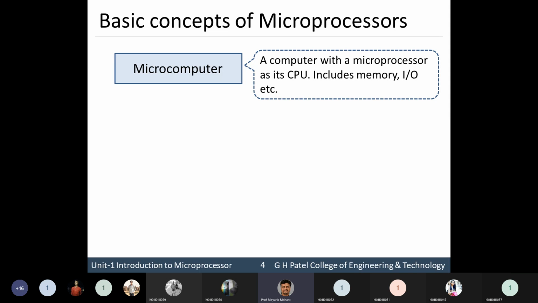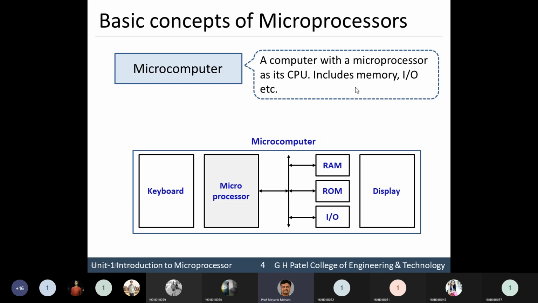Now, what is a microcomputer? A computer with a microprocessor as a CPU, including memory and IO, etc., is what we call a microcomputer. A very basic, simple computer system will include these things. This is a system, not a single silicon chip; it is a whole system.